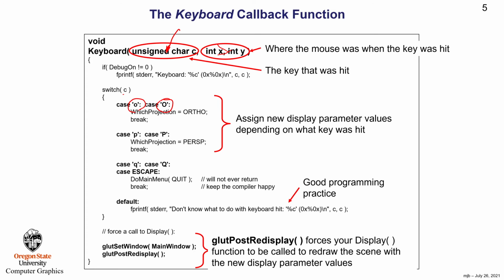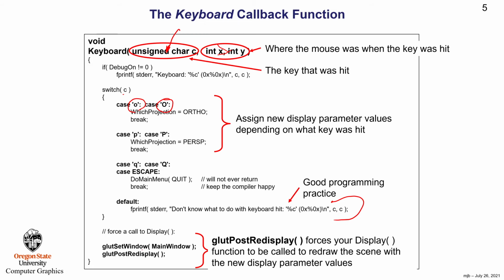So it's polite to do both, upper and lower case. It's also polite to do this. That is, if somebody hits something on the keyboard that's not one of the keys you're looking for, tell them that: I don't know what to do with this one. Otherwise they just sit there and hammer on the keyboard and get angry.